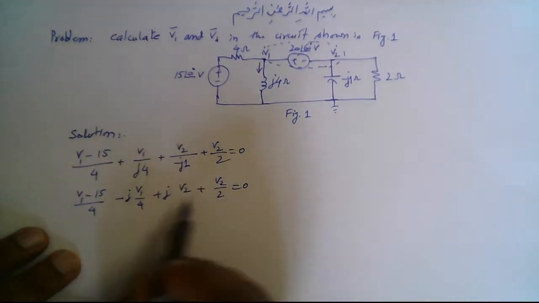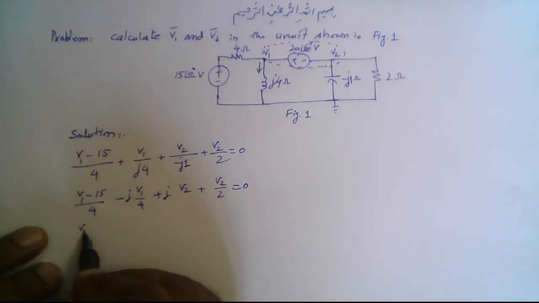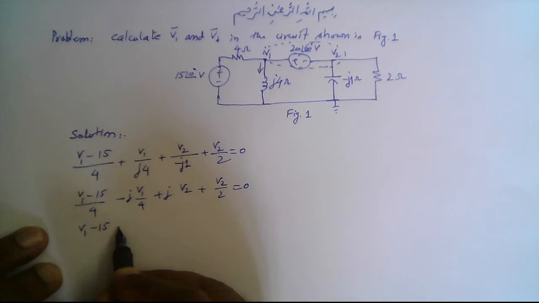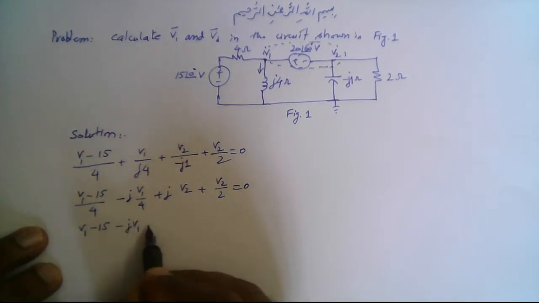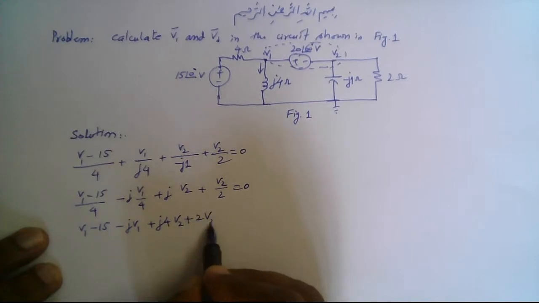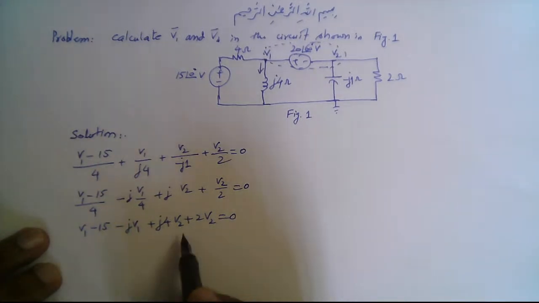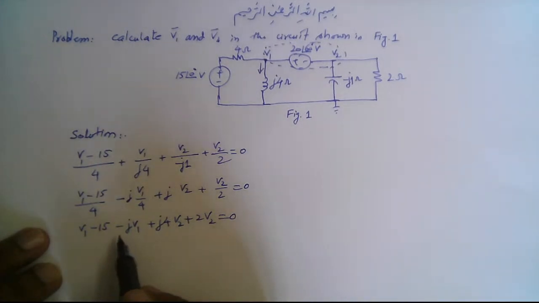So we multiply the whole equation with 4. So this will be V1 minus 15 minus j V1 plus j4 V2 plus 2 V2 is equal to 0, right? So we collect all the terms which contain V2 and separate the constant terms also.